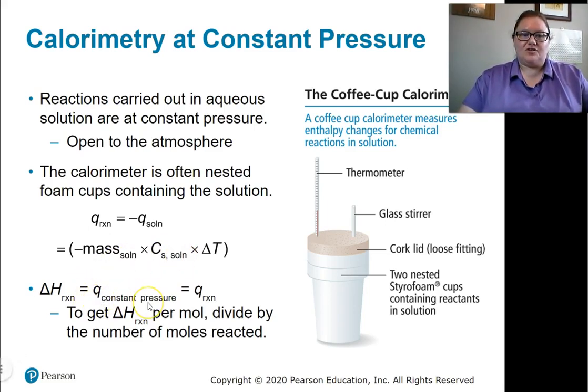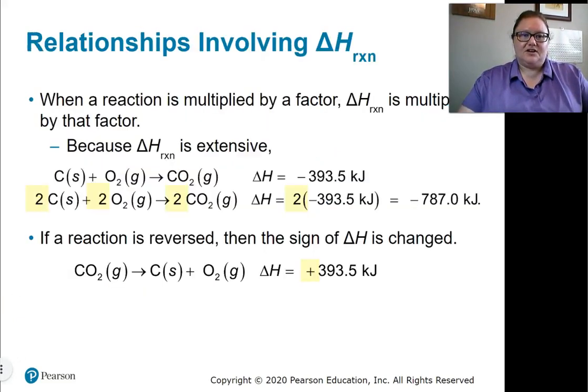We're going to assume it's constant pressure, and so our Q of reaction is going to be equal to our delta H for the reaction. Okay, let's take a look here. We have this example, a stepwise reaction, and what we've done is try to match the reaction that we want in the end.